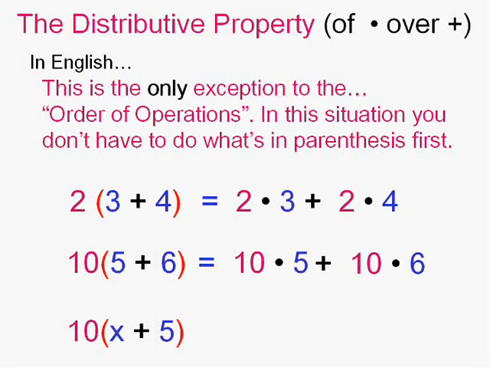But the distributive property allows me to distribute that 10 to the x and get an answer, and distribute it to the 5 and get an answer. And that's what they expect you to do when they say distribute. It's going to allow me to do a little bit more. But it is, make no mistake, an exception to the order of operations, which you should have memorized by now.